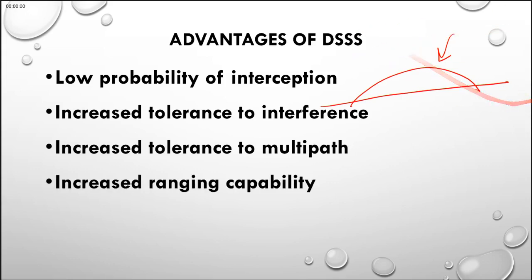The other advantage offered by DSSS is increased ranging capability, in which case the timing error is directly proportional to the signal bandwidth, and this property enables DSSS to measure distance or equipment location through a method known as triangulation. It is beyond the scope of this lesson or this course, but we should observe that with DSSS there is increased ranging capability offered to the user or to the transmitter.